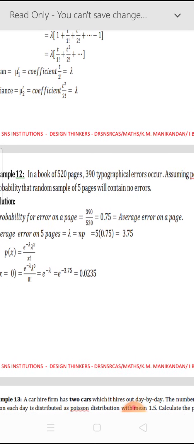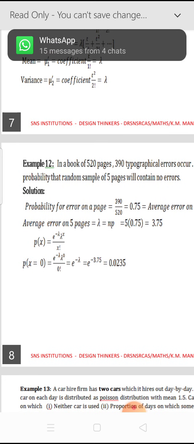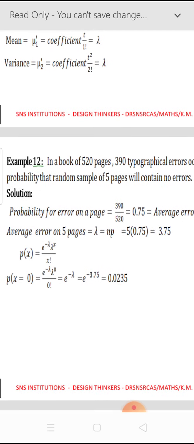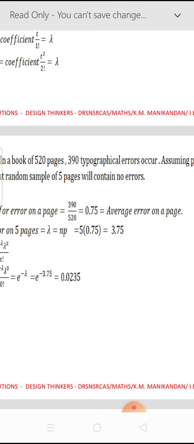So now we are given that out of the 520 pages, 390 errors occur. Therefore the average error on a page is 390 divided by 520, which is equal to 0.75. This is the average error on a page, and it is equal to lambda.